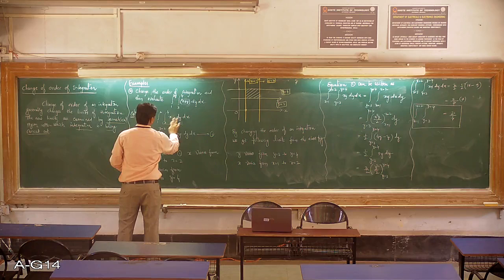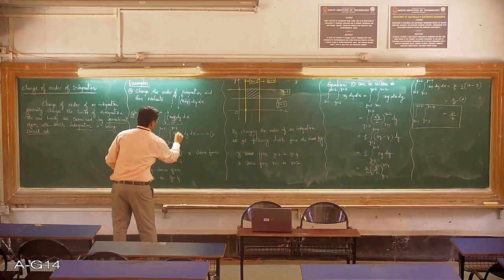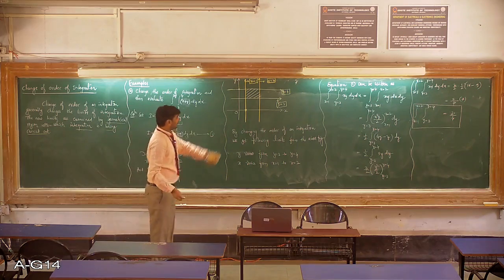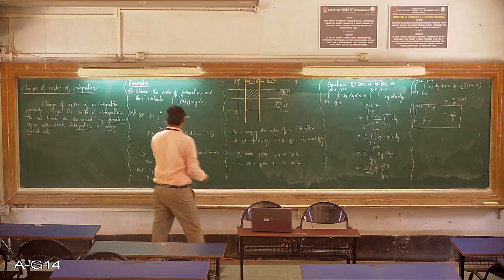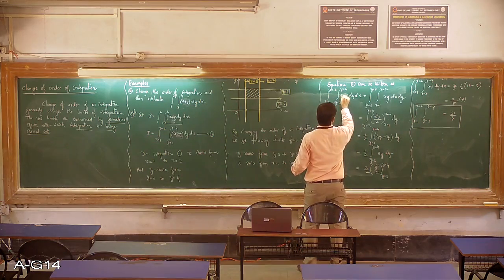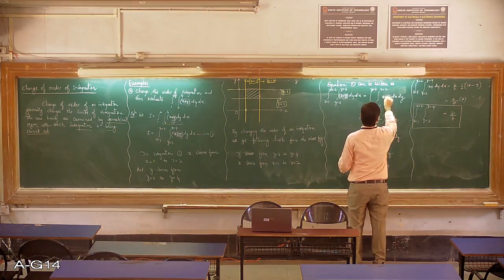So here it is x plus y you will get, and here also it is x plus y you will get. Everything is same, only xy will be replaced by x plus y. So now this is also x plus y only.